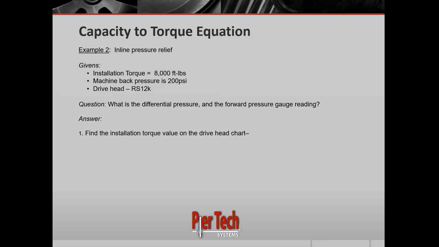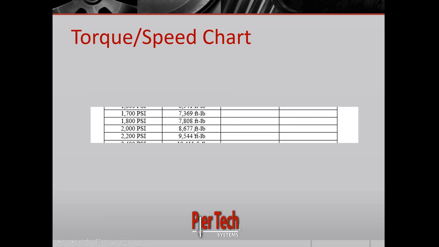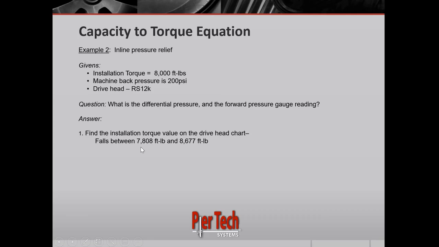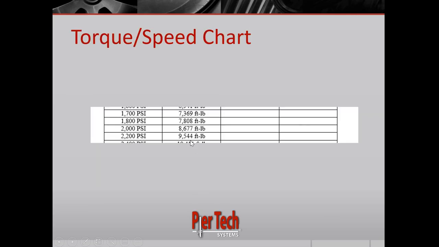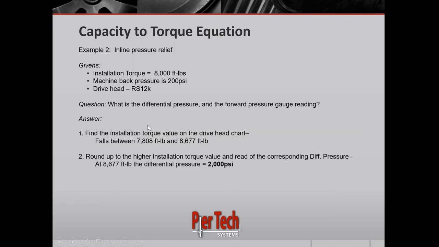All right, have you found it? It falls in between 7,808 and 8,677. You want to round up. So you round up to the 8,677. You go to 8,677 and read off the corresponding differential pressure, and that is 2,000 psi. The third step is to calculate your forward pressure.